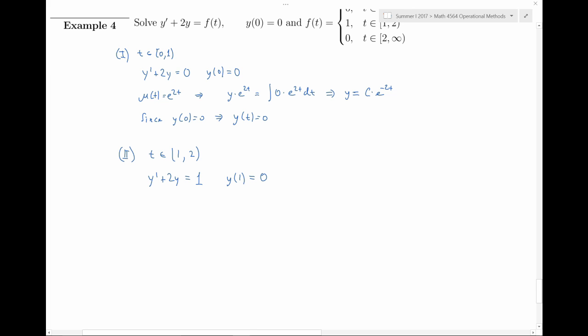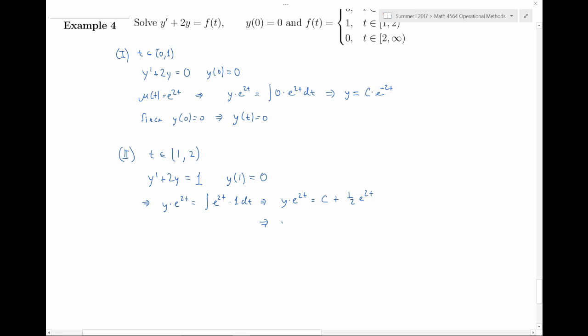Solving that with the same integrating factor leads to y times e to the 2t should be the integral of e to the 2t times 1 dt. So that means that y times e to the 2t should be a constant plus 1/2 e to the 2t.